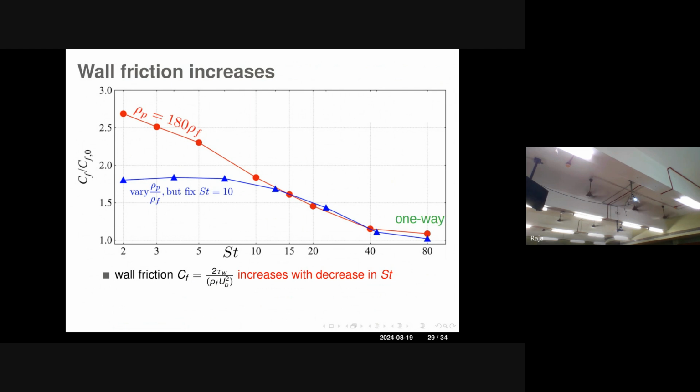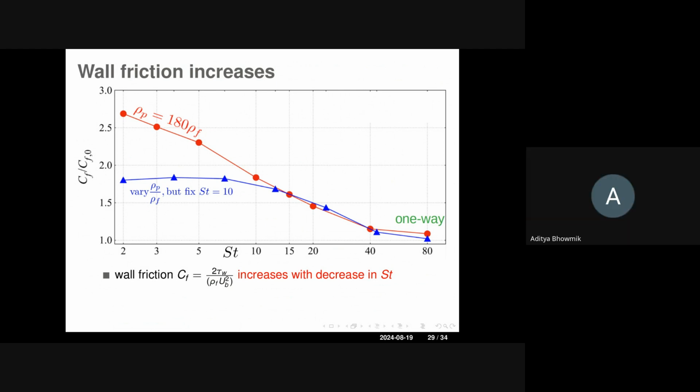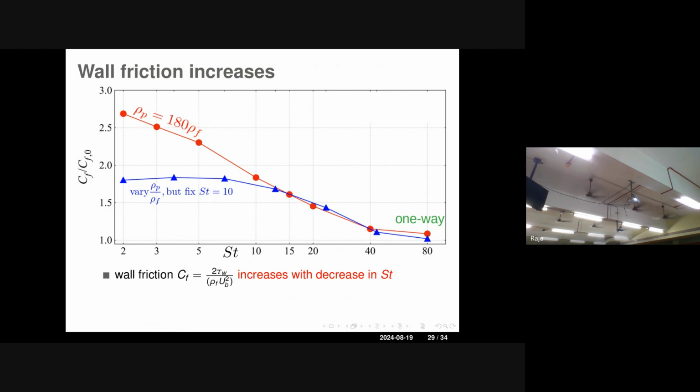But these are wall-mounted turbulence, so I'm not sure. I'm not sure that I'm supposed to show any K or minus there, because it's wall-mounted turbulence.